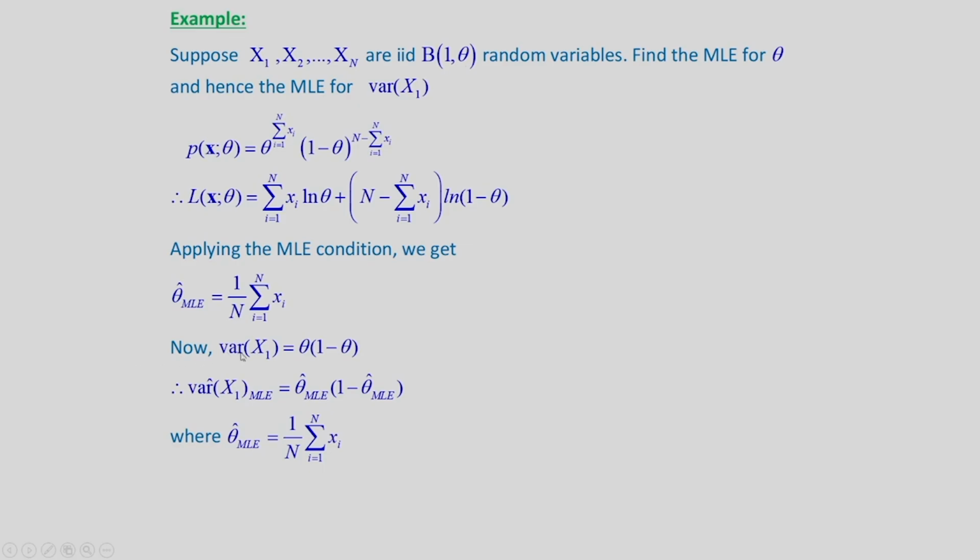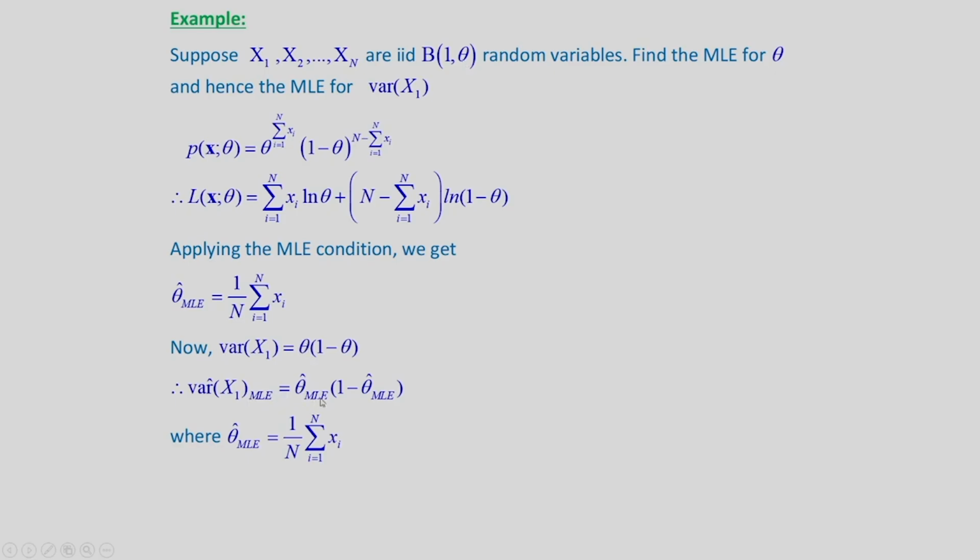Now, variance of x1 is equal to theta into 1 minus theta, which is a function of theta. You can consider any variable x1, x2 or any xi because they are IID. Therefore, we can find out the MLE for variance of x1, that is variance hat of x1 MLE, that is equal to, we will substitute theta hat MLE.